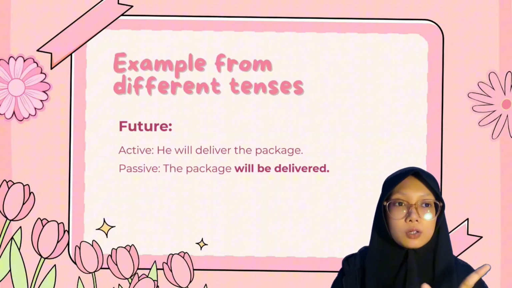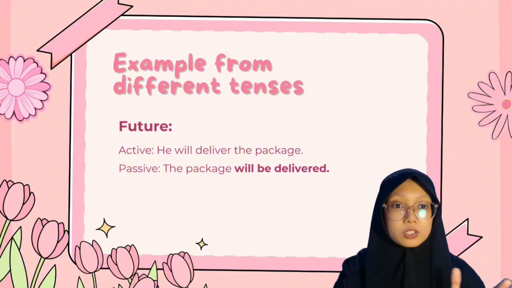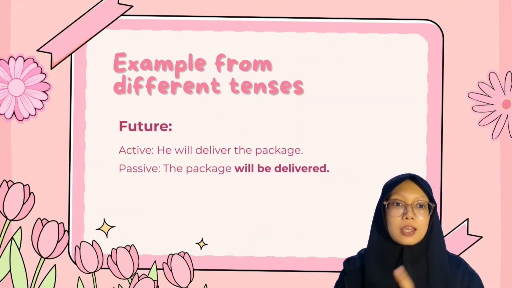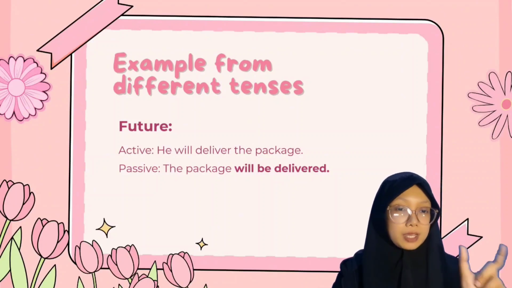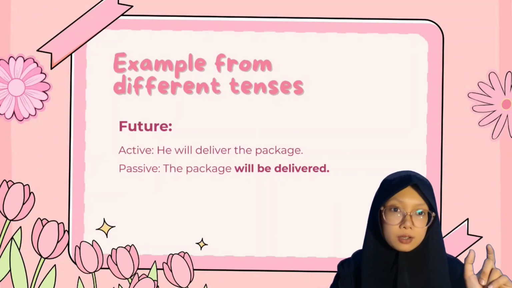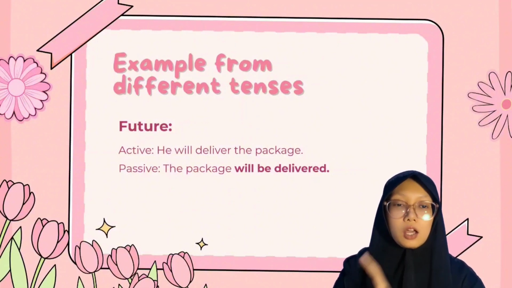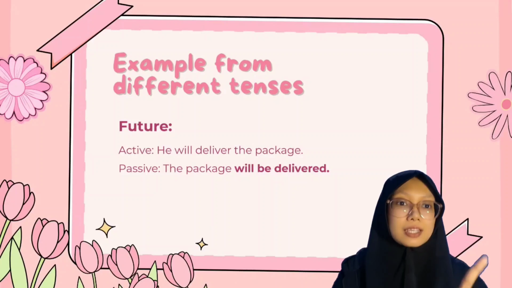Okay, now how about when we want to know the subject in passive voice? We just need to add by in the last sentence, like the house is cleaned by her.